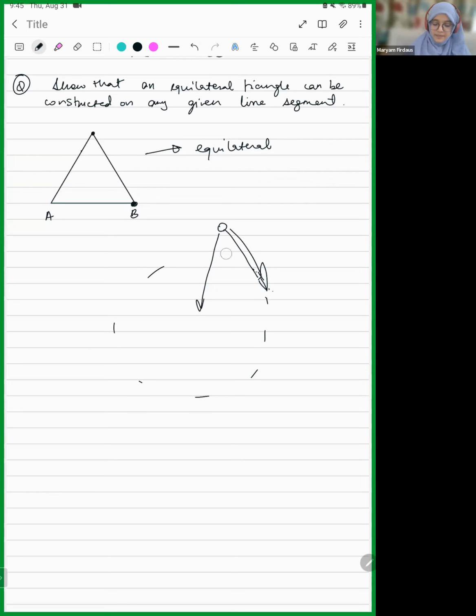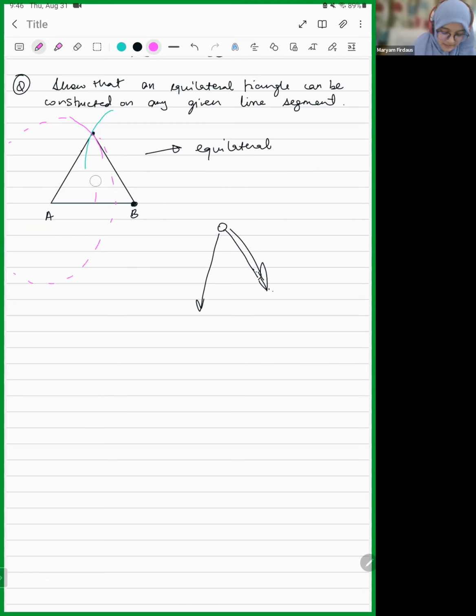You're not making the entire circle, but you're making a part of the circle. We made an arc over here and we made an arc over here. So this arc is a part of the circle which has center A.